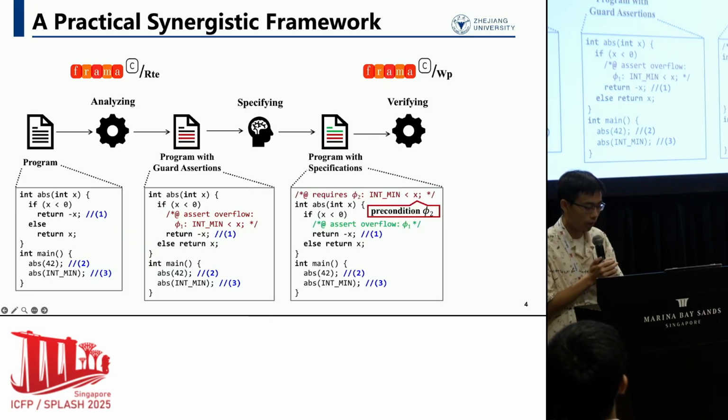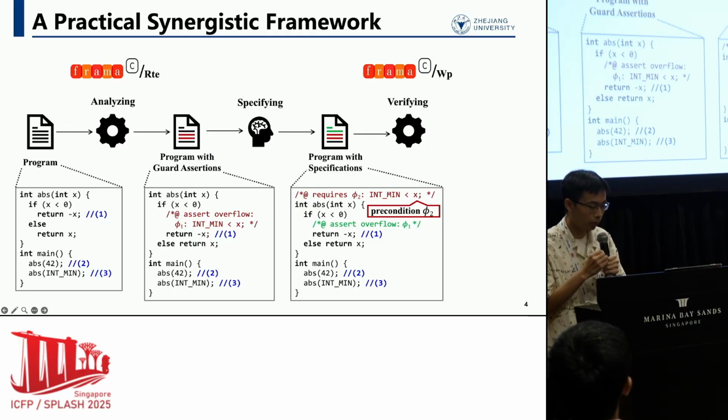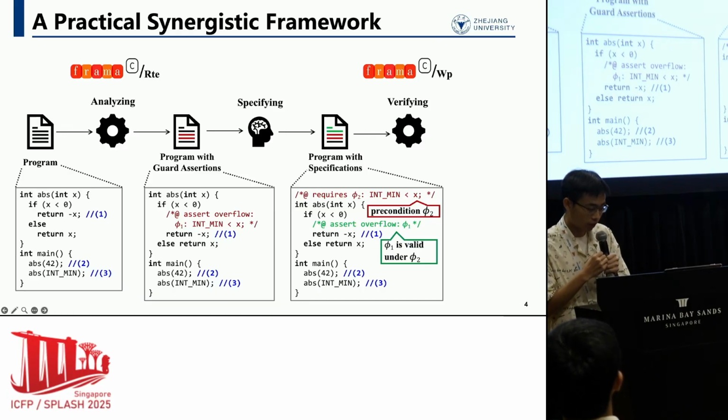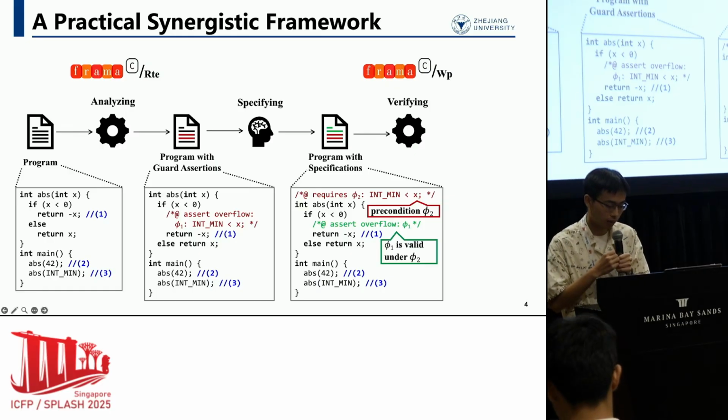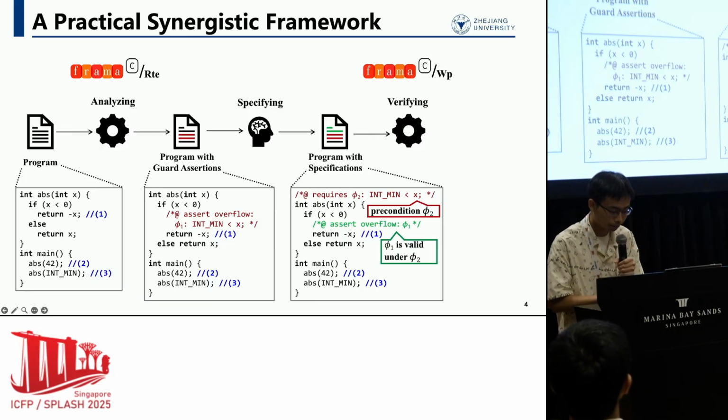Here, we write a precondition phi2 for the abs function, which requires the input x to be larger than int min. By assuming this precondition holds, the assertion phi1 is verified to be valid. We mark a specification as green if it is verified, otherwise it is red.